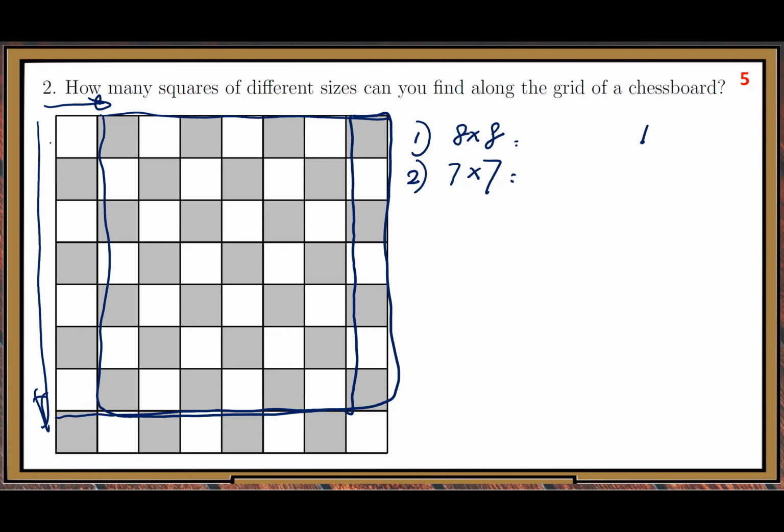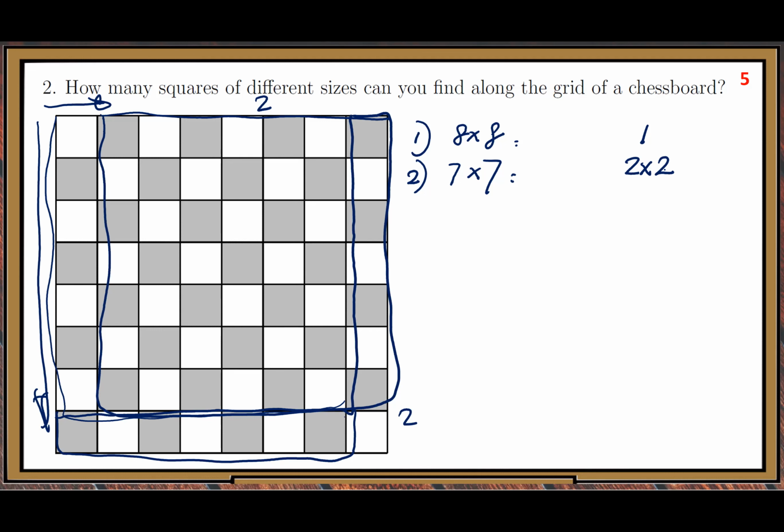So horizontal, you have 2 different cases. Vertical, you have 2 different cases. So now 2 by 2, the total number. So that's how the number 4 comes from. So that's 4. All right?